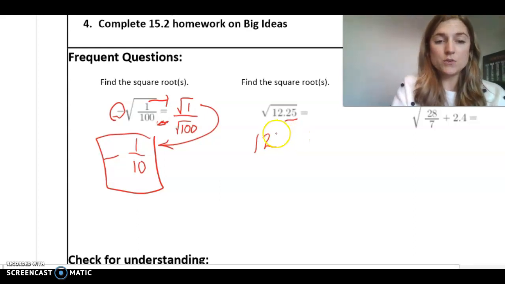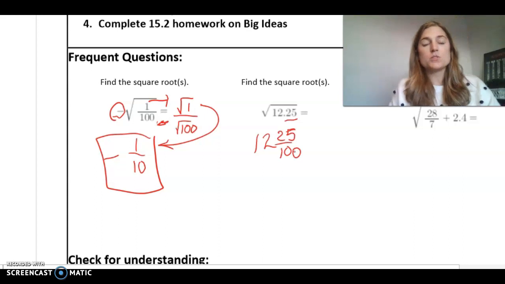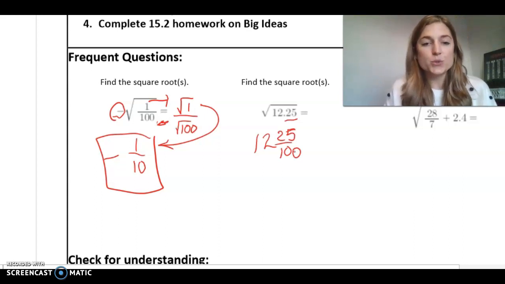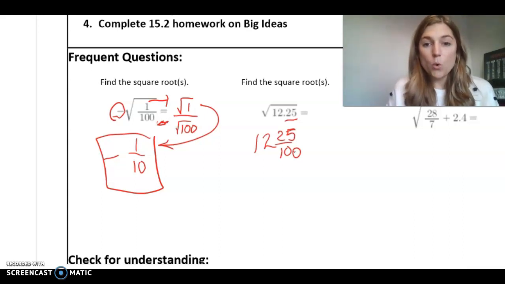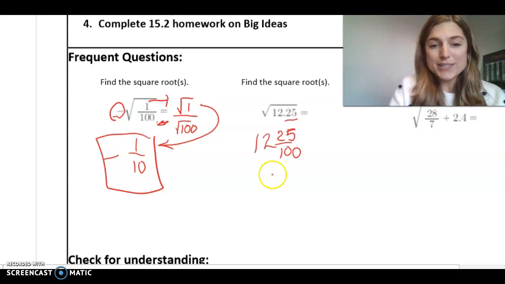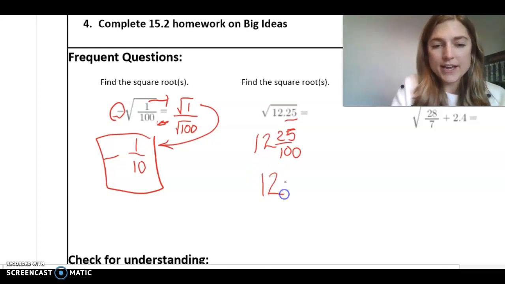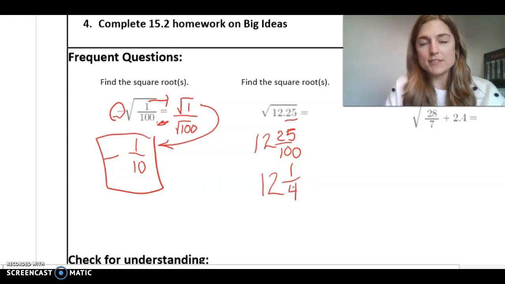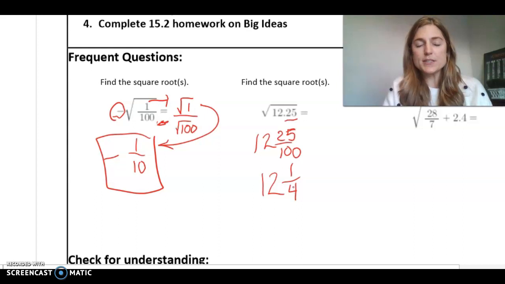That is telling you that you can write that as 25 over 100, which yes, you can go and change that into an improper fraction, or if you already know how to reduce that, which is a lot easier to look at, that is 12 and 1/4. Think of 25 cents, 1/4 out of 4 quarters.